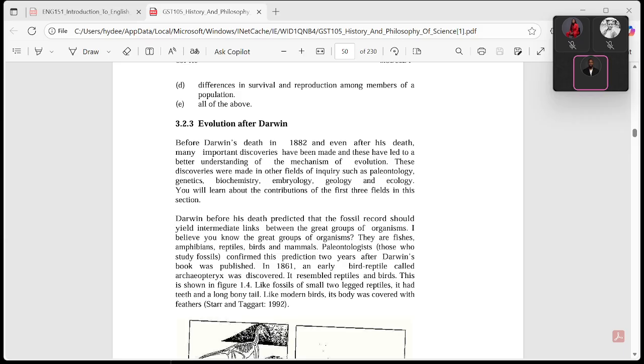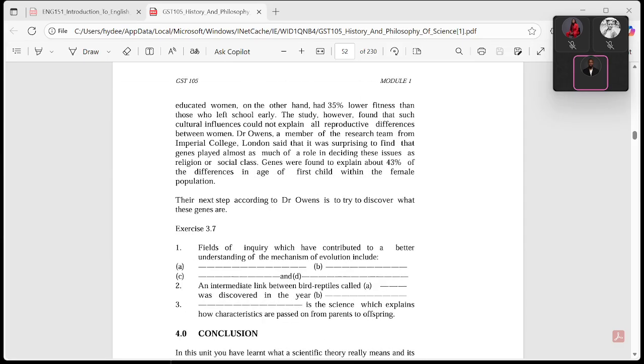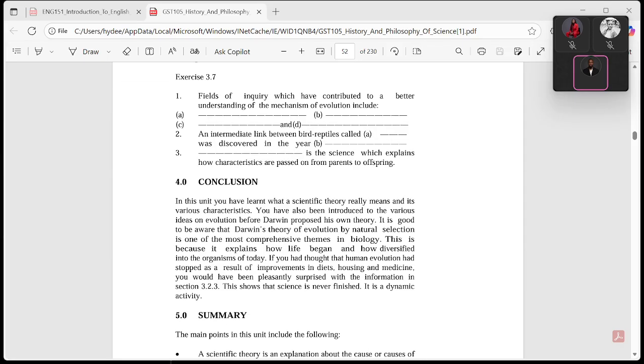Remember, all these are post-Darwin evidence, like after the death of Darwin: paleontology, genetics, and biochemistry, which compares amino acid sequences to measure evolutionary relationships. And then we have 20 questions from Unit 3, which I am going to drop for you to do your research and study more.